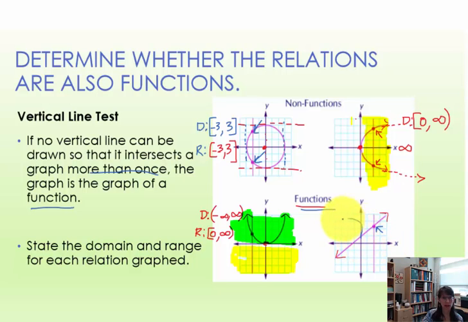On the negative side, we can see that we have an arrow. This line is continuing forever to the left. That's negative infinity. So the domain is starting with negative infinity. On the right-hand side, again, we have an arrow going to the right, never stopping. That would be positive infinity.